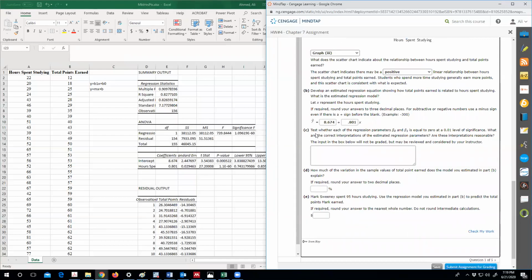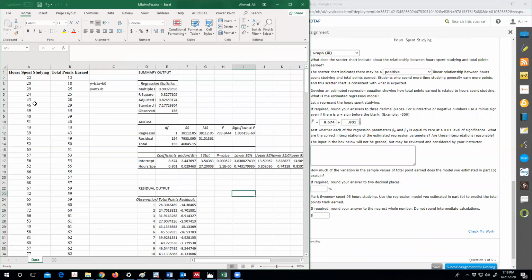So for the third question, we have estimated the model. Once we have the model, we can put any value of X and predict a new value of Y. So if this professor is looking at the data, there's 43 and 46, but there is no 42. And the professor wants to understand what the points earned would be if a student has studied 42 hours.